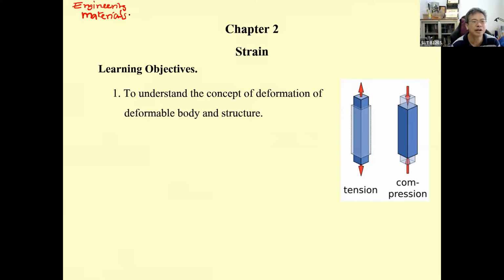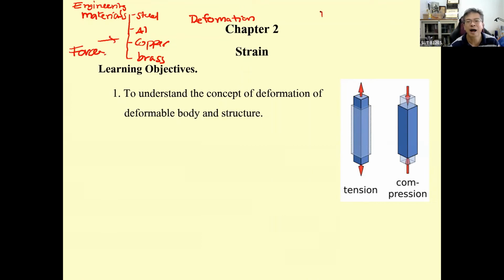The main materials are steel, aluminum, copper, brass. That's a lot of metal material, ferrous and non-ferrous. But sometimes it may be hard to see the deformation of this kind of material under force. When it's subjected to forces, it's going to have some deformation.